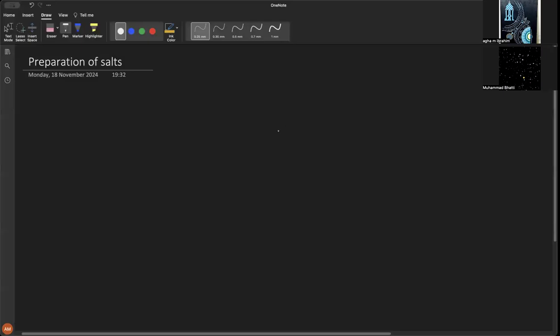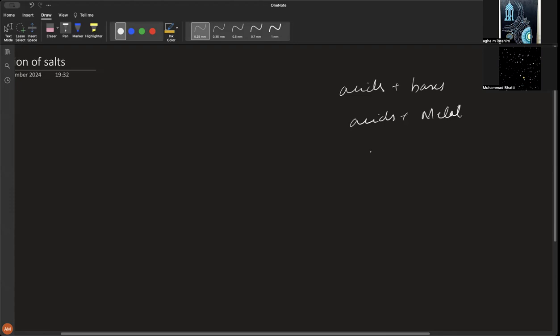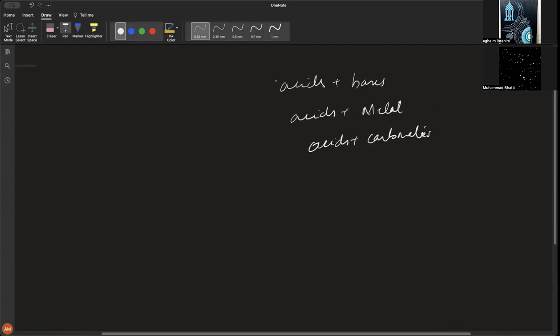All right. Let's start with preparing salts. We have already understood that, generally, salts are made from acids plus bases, acids plus metals, and acids plus carbonates, even though carbonates themselves are actually salts.